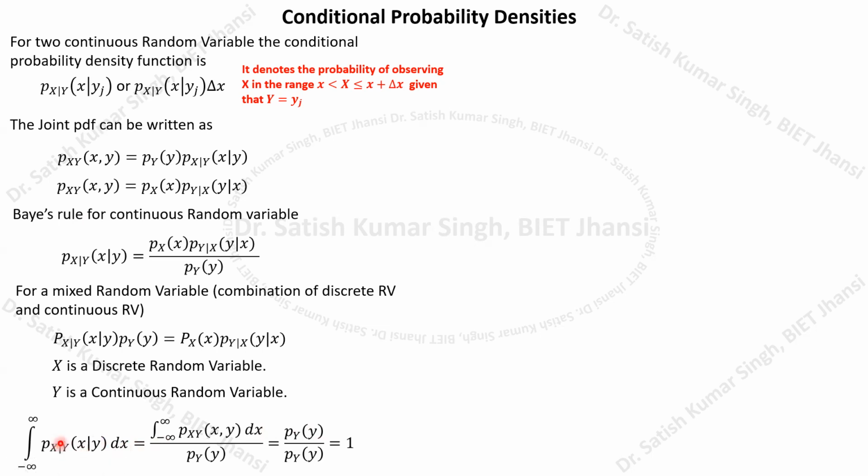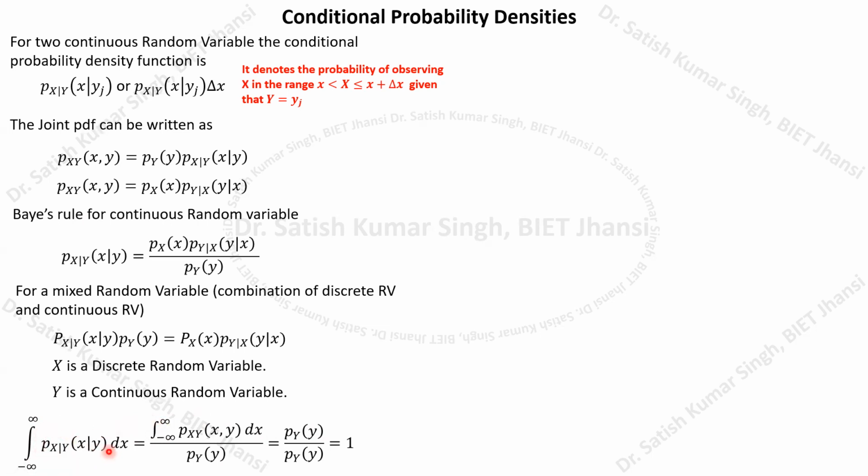If we do this integration from minus infinity to infinity with respect to the variable x, then this leads to 1. How is it 1? As we have already seen in the discrete case that the summation is equal to 1, this proof we can easily see.